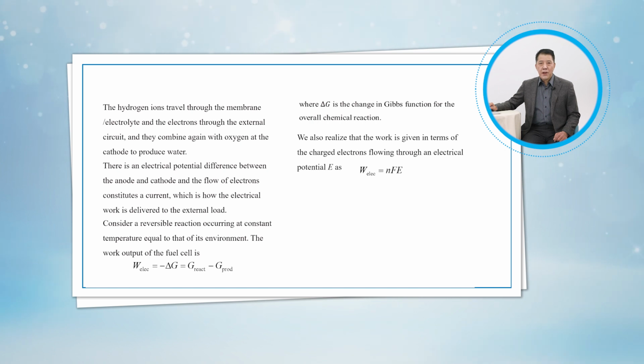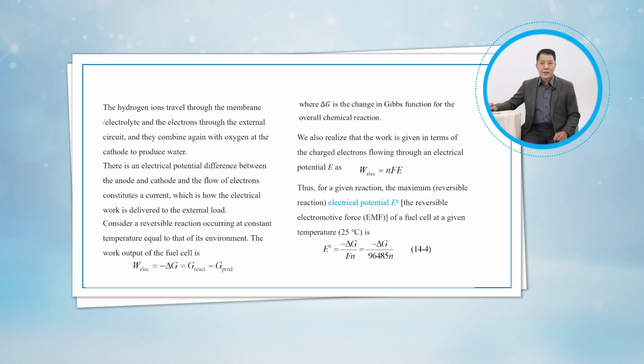We also realize that the work is given in terms of the charged electrons flowing through an electrical potential E. Thus, for a given reaction, the maximum electrical potential E0, or the reversible electromotive force of a fuel cell at a given temperature, is.